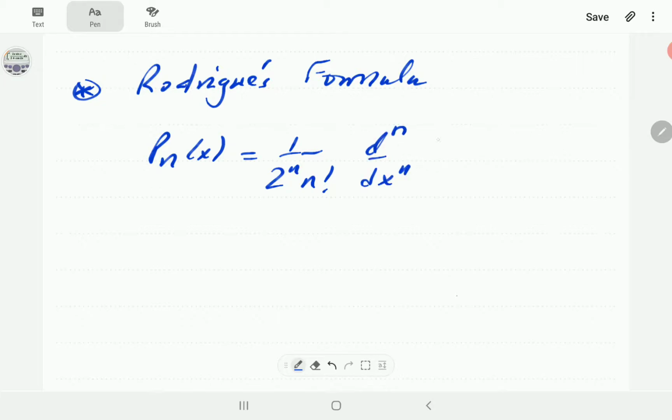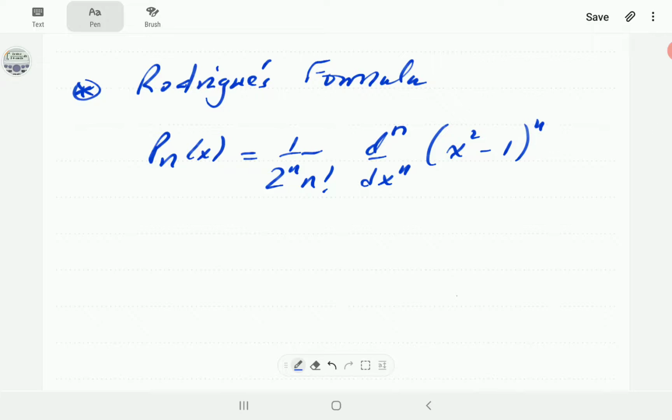This one says the nth degree Legendre polynomial is 1 over 2 to the power n, n factorial, times the nth degree derivative of x squared minus 1 to the power n.